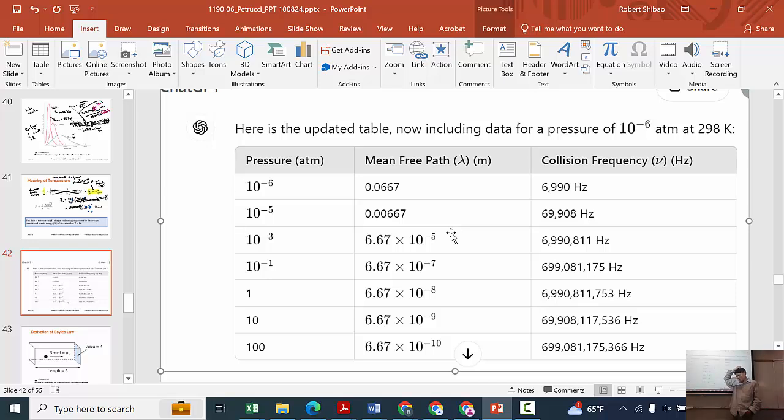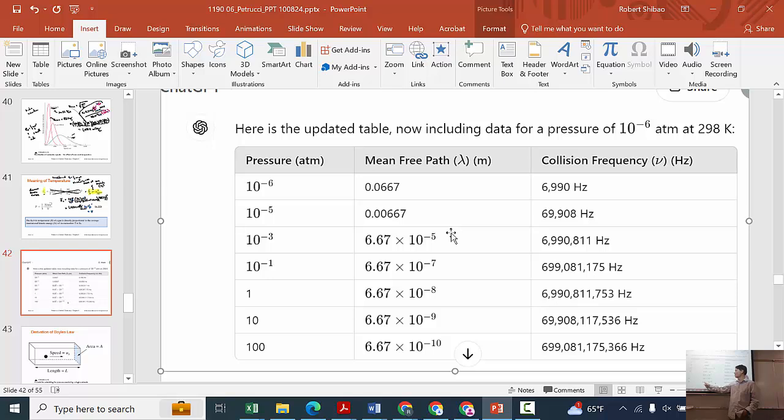That would be 6.7 angstroms? No, not 6.7 angstroms. You know how big atoms are? Atoms are on the order of hundreds of picometers. A picometer is 10 to the minus 12.